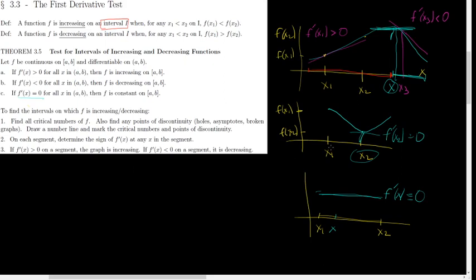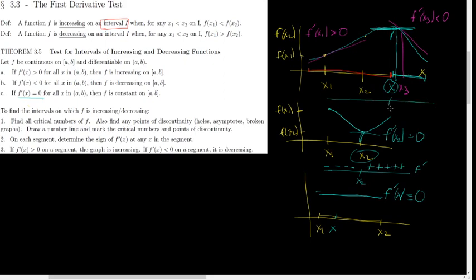Right, and so we would look basically at a number line, mark off the critical numbers, and then notice for the derivative, before it, because it's going down, the derivative would be negative, and then after it, the derivative would be positive, right? And in the first graph, it's the exact opposite.